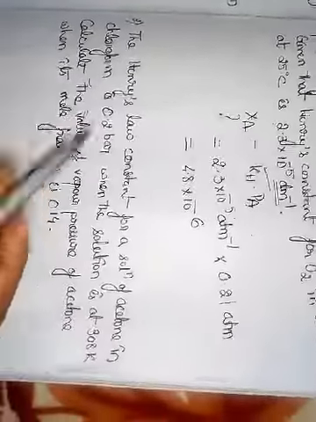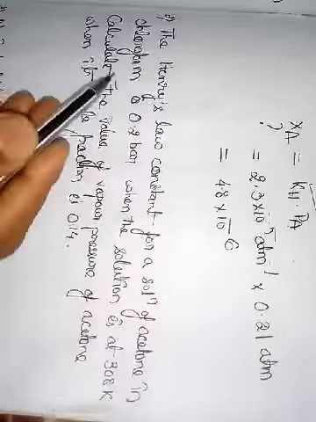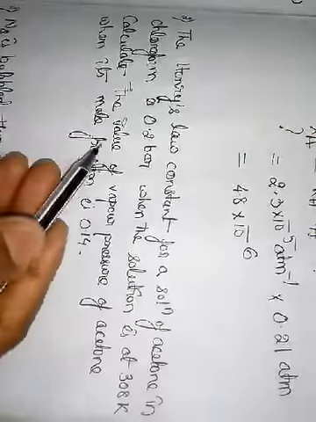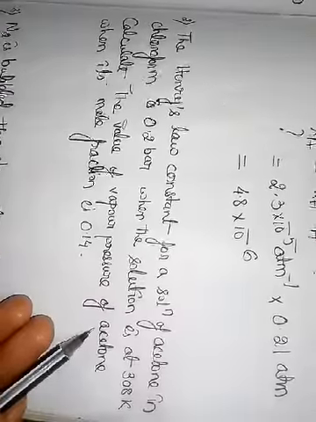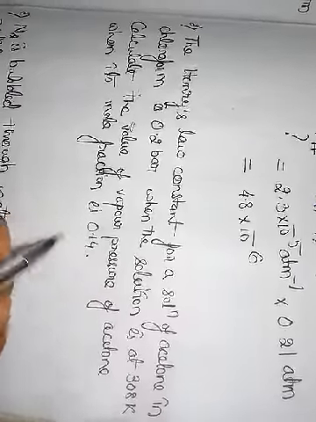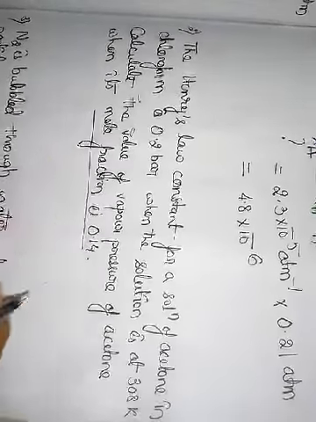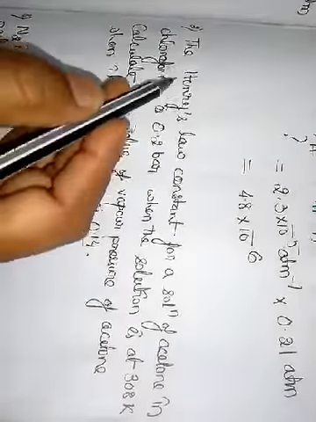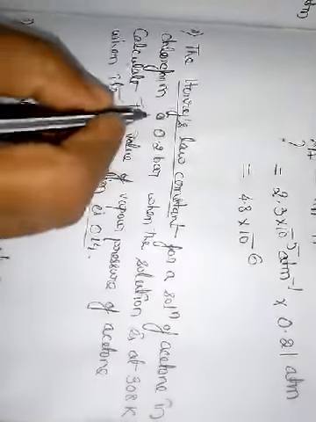The second problem. The Henry's law constant for a solution of acetone in chloroform is 0.2 bar when the solution is at 308 Kelvin. Calculate the value of vapor pressure of acetone when its mole fraction is 0.14. Here, the mole fraction is given. The Henry's law constant is given.